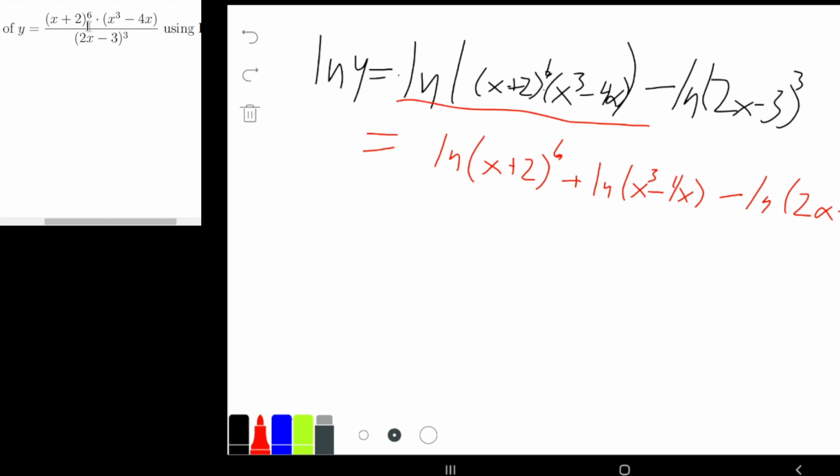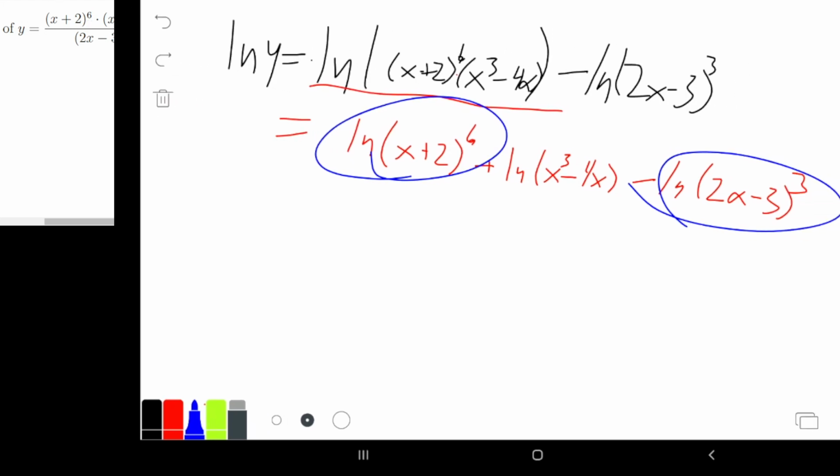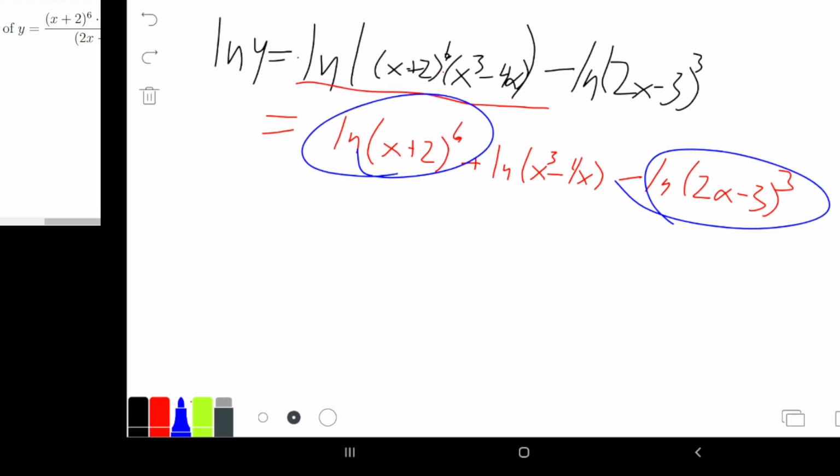And now, in those two instances where I have exponents, I can bring those out front.